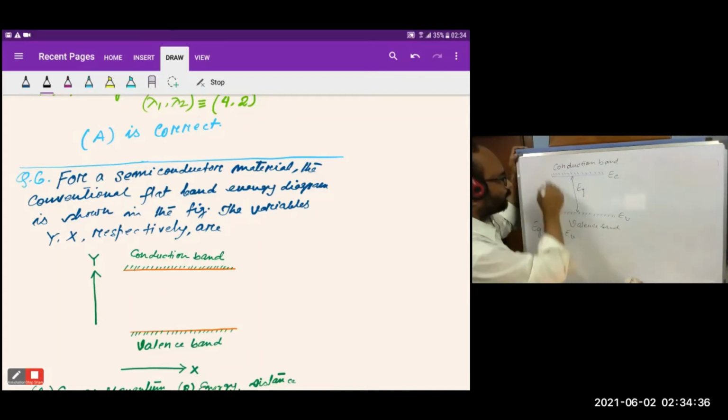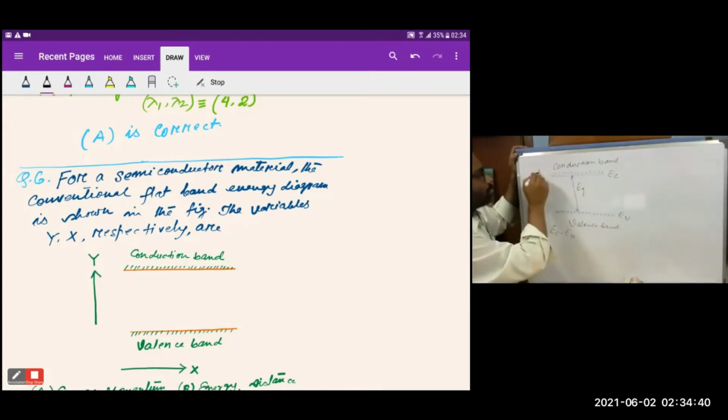So this axis is my energy axis. In the question, it is given y-axis. So y-axis corresponds to energy. What about the x-axis?